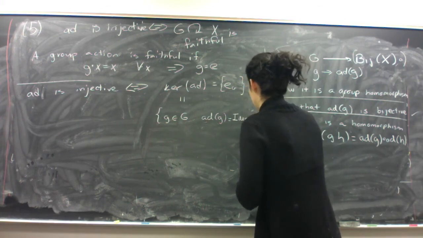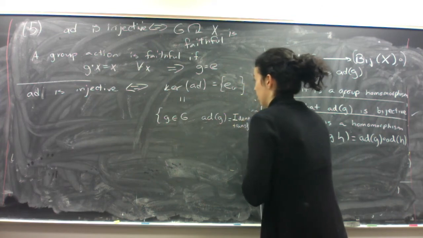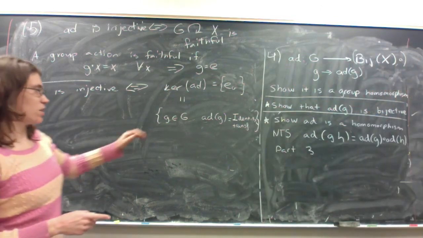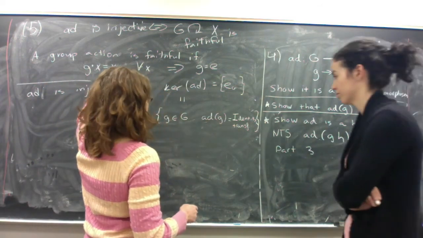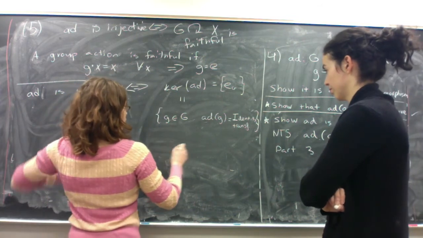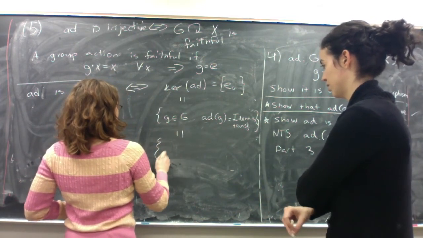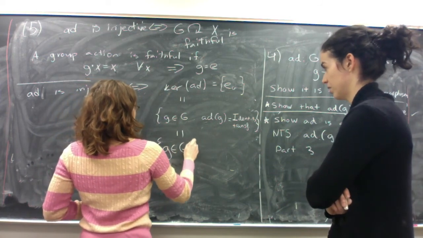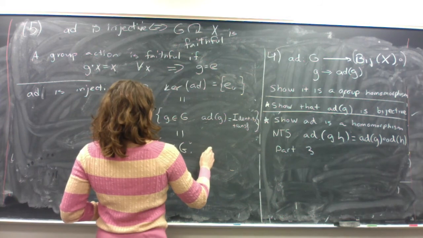And the identity transformation is the transformation that takes every element X to X. So this is like the G in G, so that G X is equal to X?